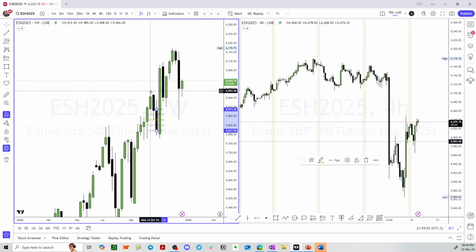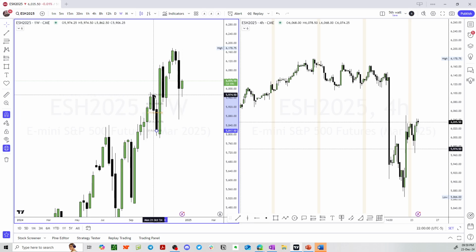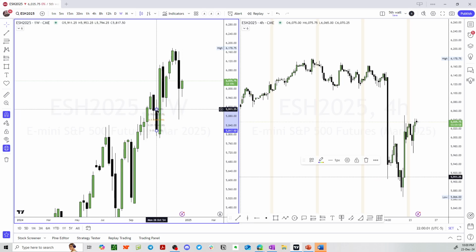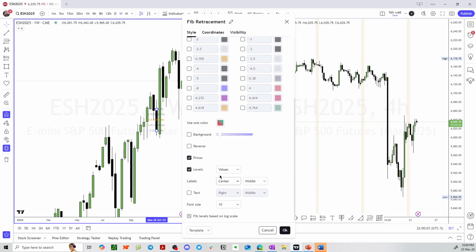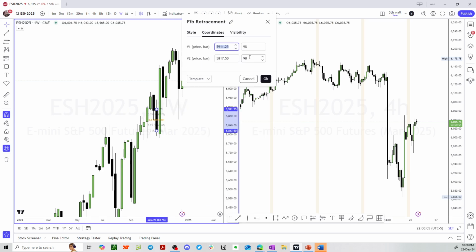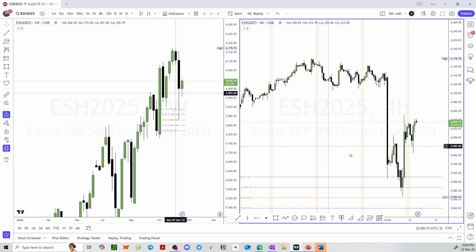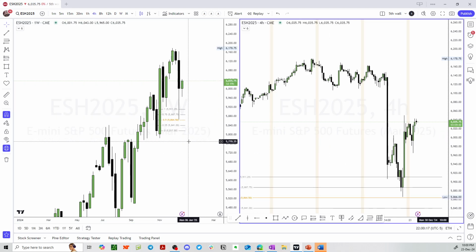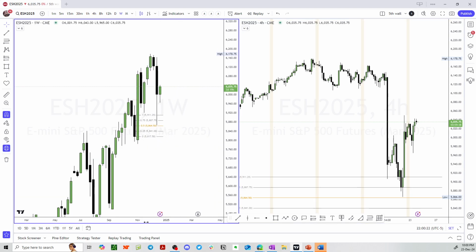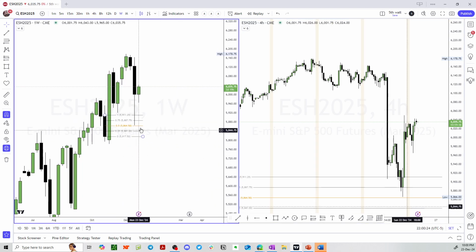Both of these candles are the order block technically, and we can highlight that, we can draw that out. You can see what's going on here. The order block, again, this is a bullish order block on a weekly time frame.